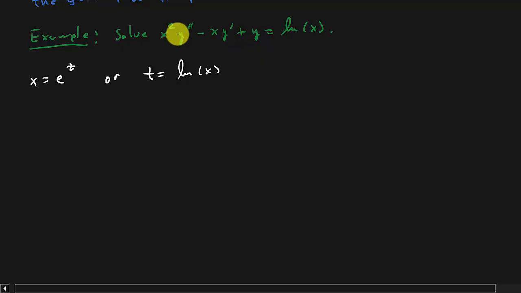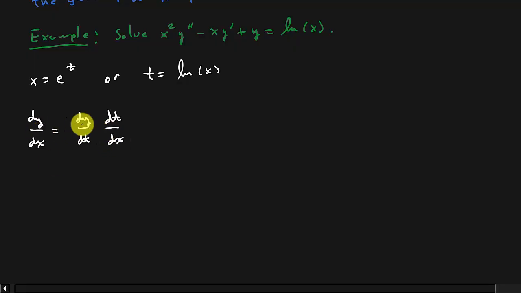So we've got dy/dx. I need the derivative of y with respect to x. So dy/dx is dy/dt times dt/dx. This is the same thing as this.